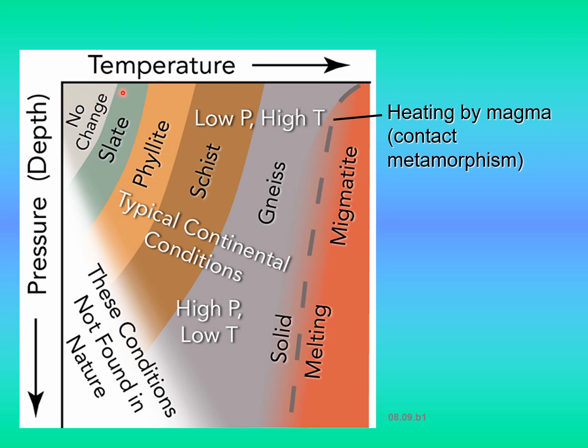And then as you increase temperature, you'll get a slate, and then a phyllite, and then a schist, and then a gneiss. And then eventually, if you heat it up enough, you pass the solidus, or the solid melting boundary.